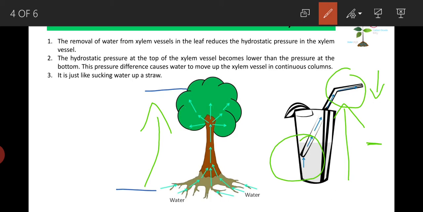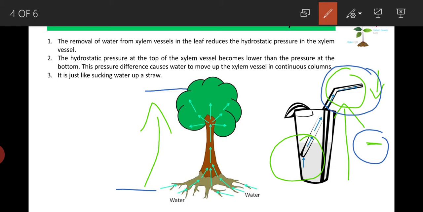This pressure difference makes the water move up the xylem vessel in a continuous column. So the water in the xylem vessel moves like a liquid in a sucked straw, under tension. Just as we reduce the pressure at the top of the straw and make a difference between top and bottom, the same happens to the water in the xylem vessel.